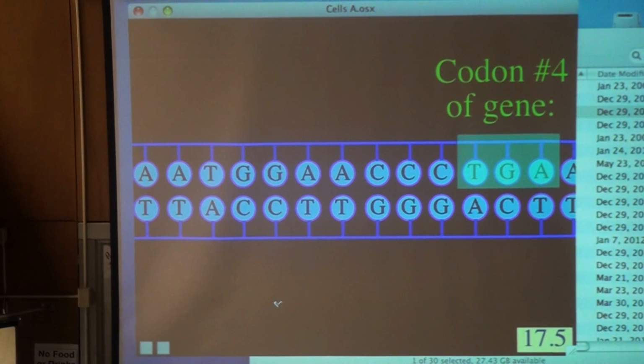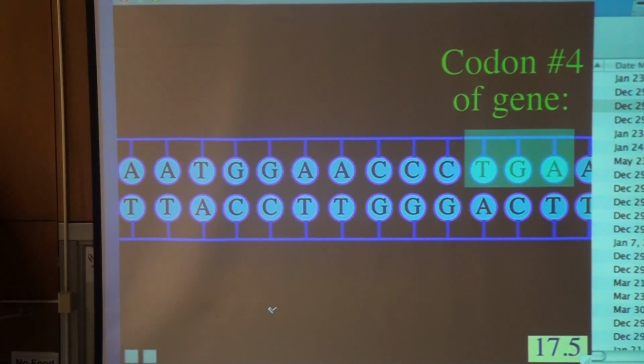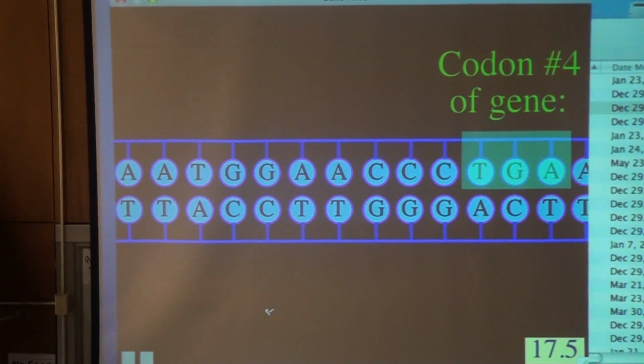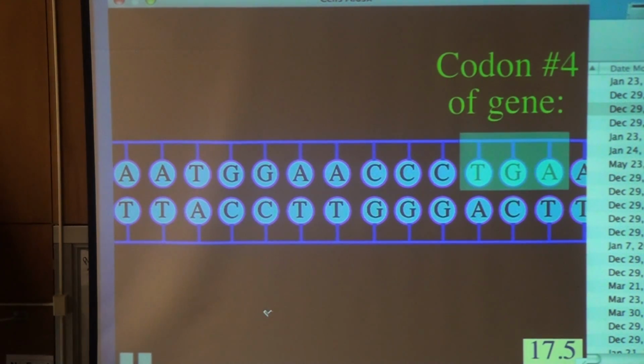Anyway, so using this genetic code, the cell would know that this particular gene encoded a protein of methionine, followed by glutamate, followed by proline.